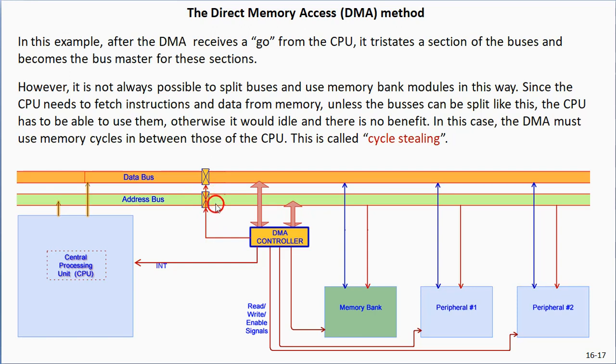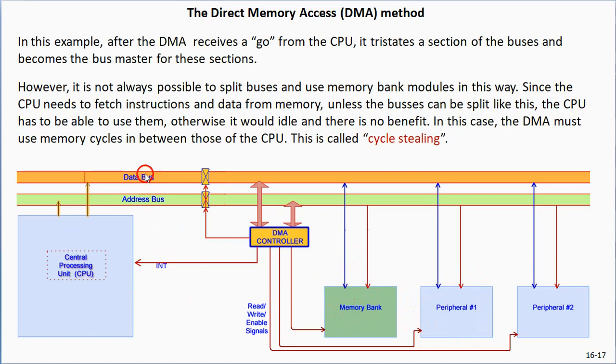And so in this way you can float these parts of the buses. Then the DMA controller can become the bus master for these sections and replicate the performance of the CPU and facilitate the transfer from the peripheral to memory or memory to the peripheral.